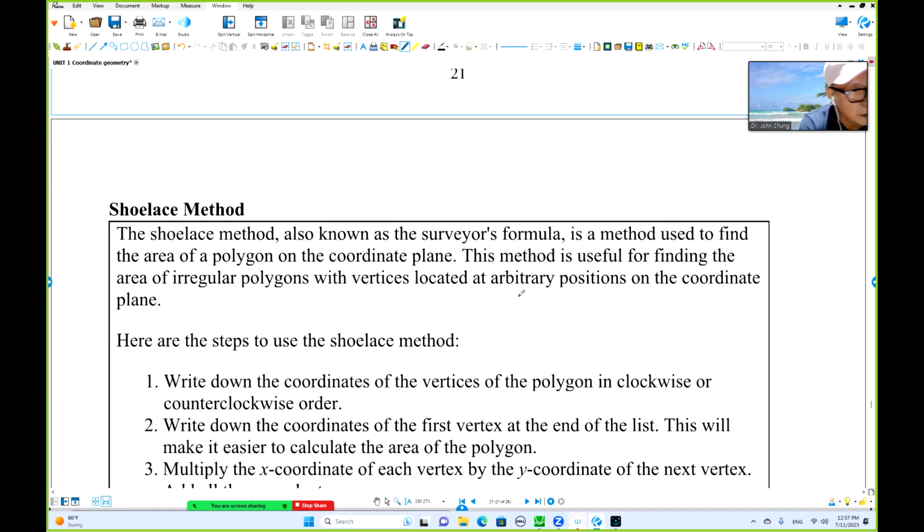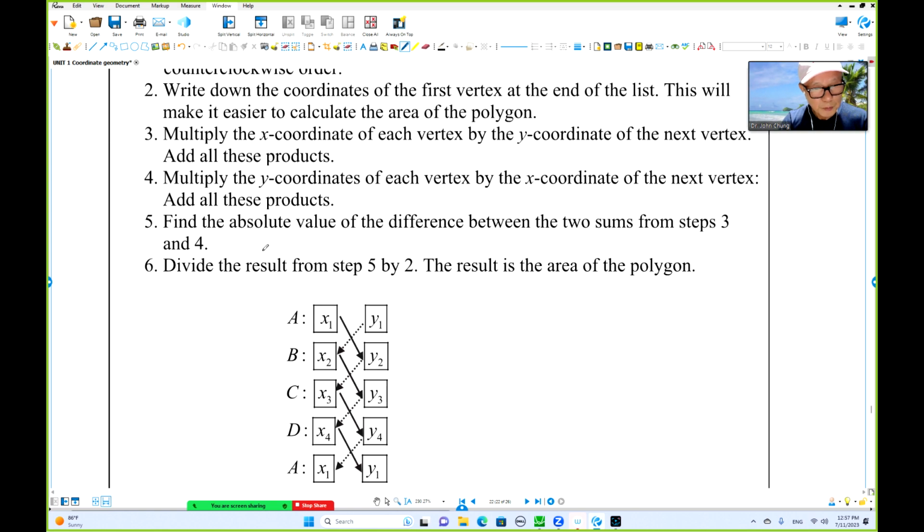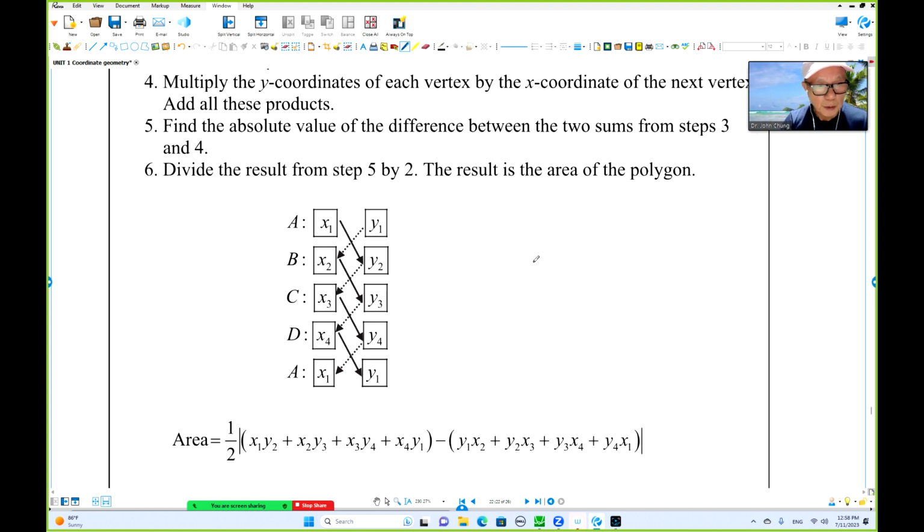The third one is the shoelace. Shoelace uses the coordinates. Just follow the formula, okay? So there's a formula over here. When you have these 4 points, A, B, C, D, which is a quadrilateral, the figure will be a quadrilateral.